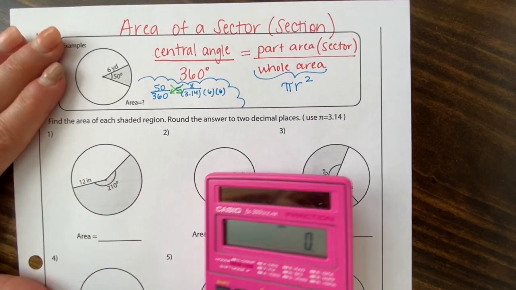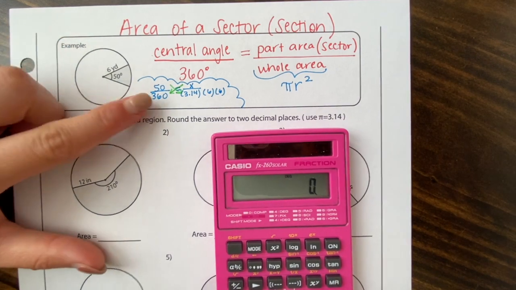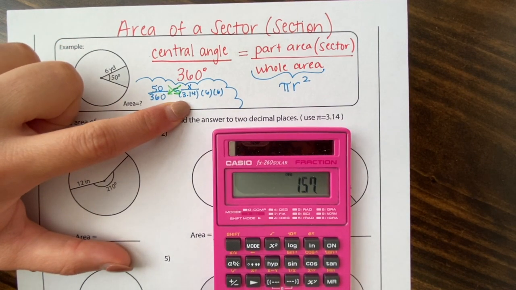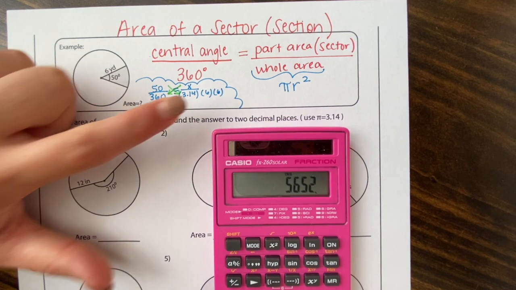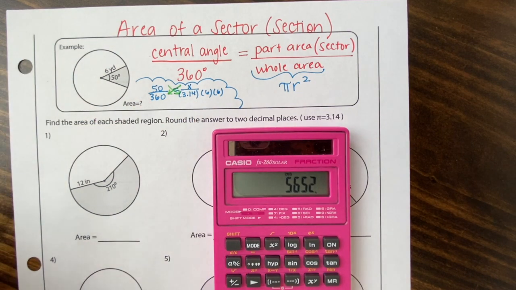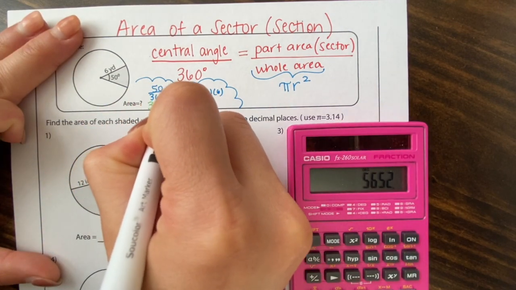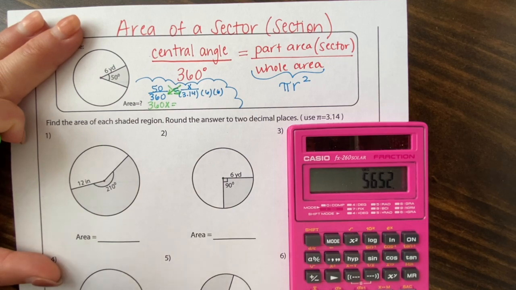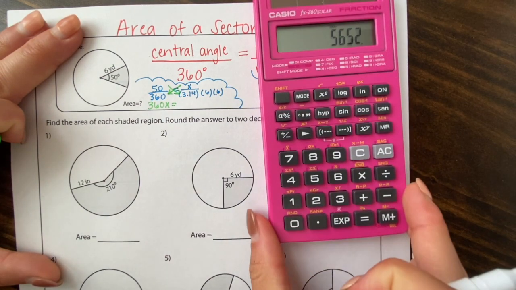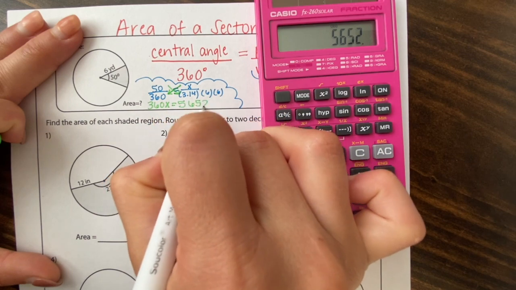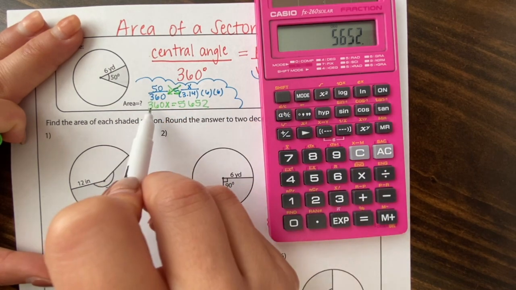Sorry, I know I'm writing really small. So you're going to do 50 times 3.14 times 6 times 6. You get x times 360, so 360x equals 5,652. To solve for x, you divide by 360.